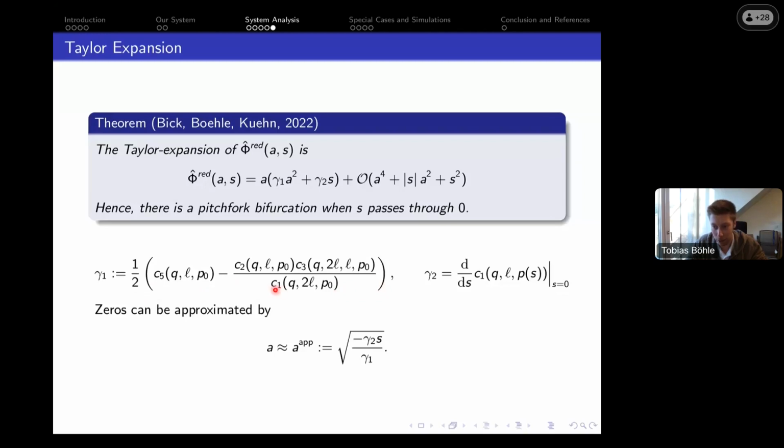So where C1 is the eigenvalue, you have already seen a formula for C1, and then all the other coefficients, C2 up to C5, they are also linear combinations of the Fourier coefficients of W. And then gamma 2 is basically the speed with which the critical eigenvalue passes through the origin.